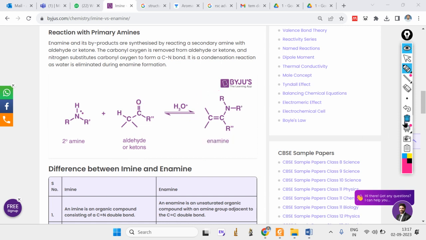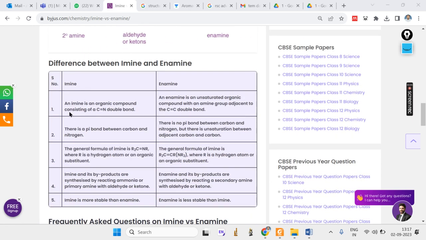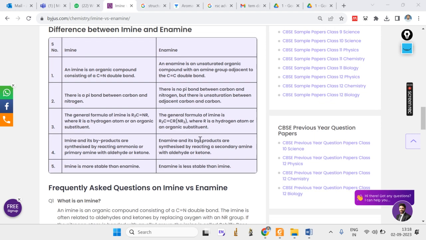What is the difference between these two? Already I said an imine has a carbon-nitrogen double bond. Enamine has carbon-nitrogen followed by a carbon-carbon double bond. There is a pi bond between carbon and nitrogen in imine. There is no pi bond between carbon and nitrogen in enamine because it's a single bond, but the unsaturation is a carbon-carbon double bond.